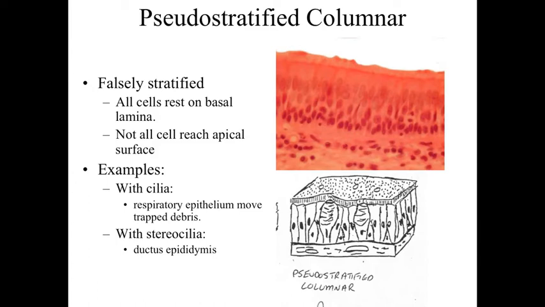It gets trapped in the sticky mucus, but then the cilia propel that so that it doesn't accumulate within the respiratory system. We can also find a pseudostratified columnar epithelia with stereocilia along the surface. Again, stereocilia are like long microvilli in essence. They have an actin core, non-motile. We would find a pseudostratified columnar epithelia with stereocilia within the male reproductive tract, within the ductus epididymis.